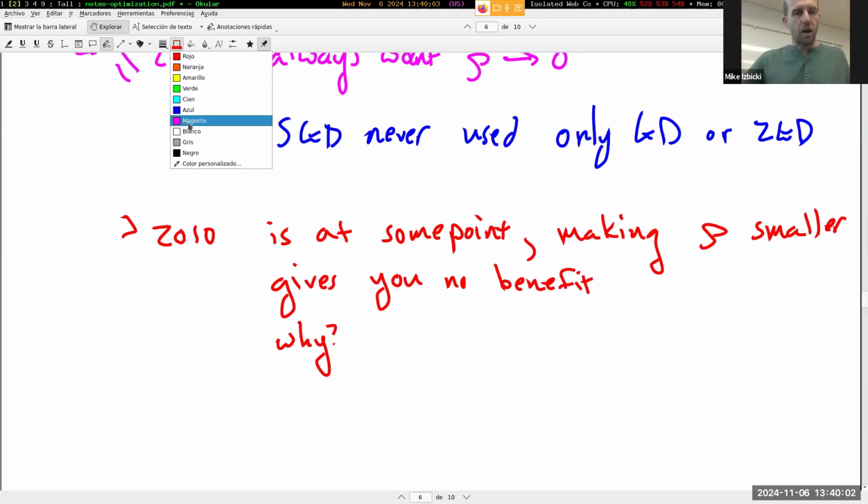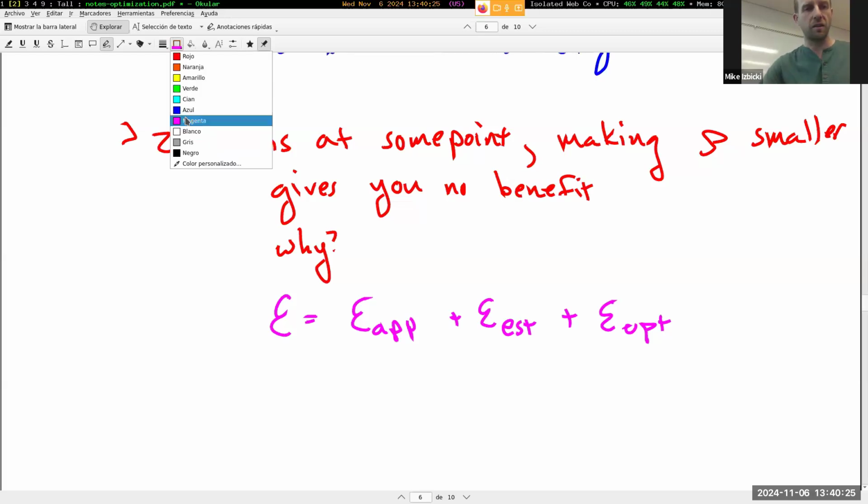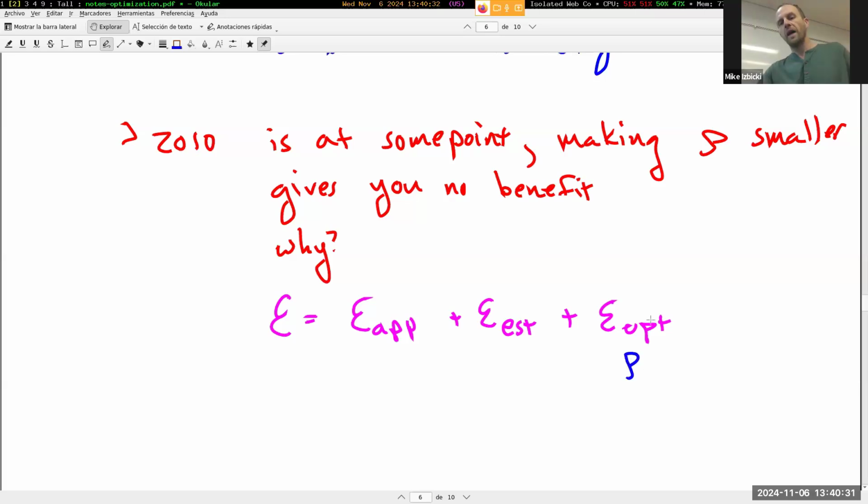Well, our final error of our problem can again be broken down. So E equals this E approximation plus the E estimation plus the E optimization. That is the breakdown that we had before. And so our E optimization is going to be rho over here.